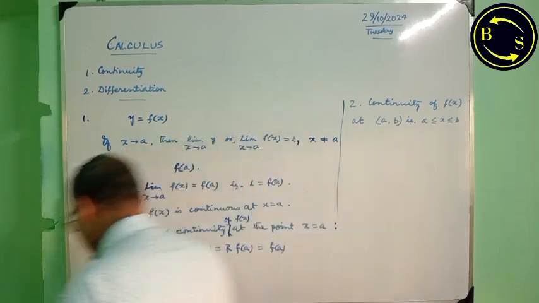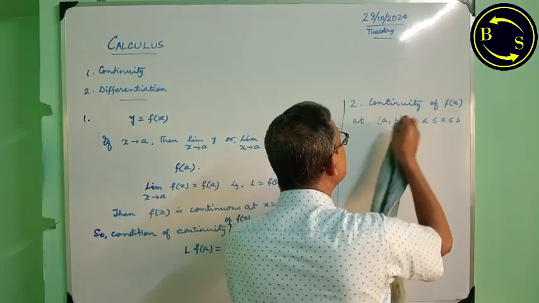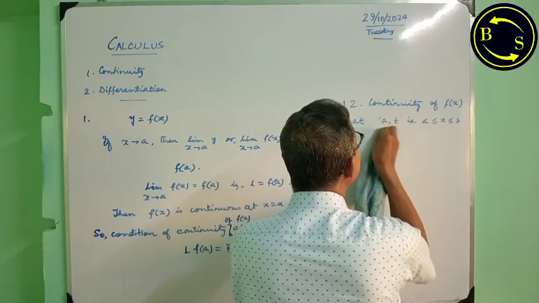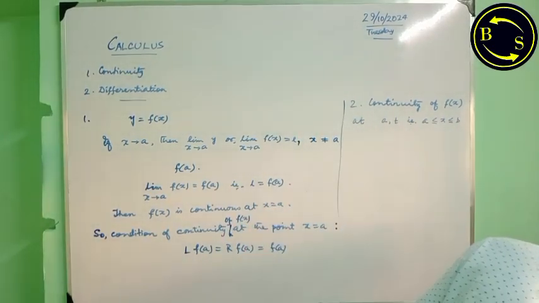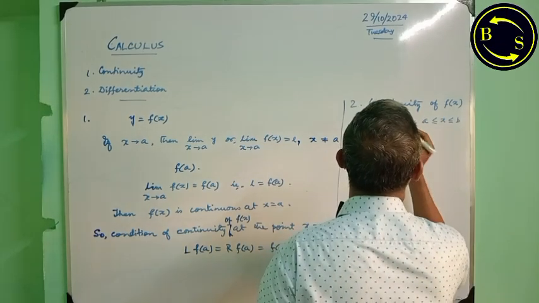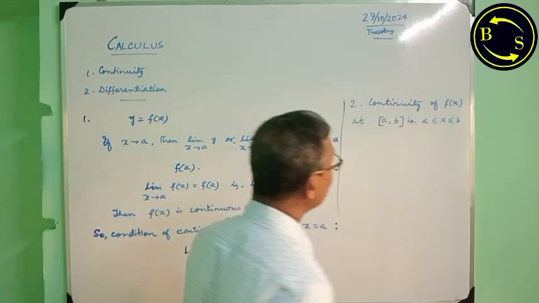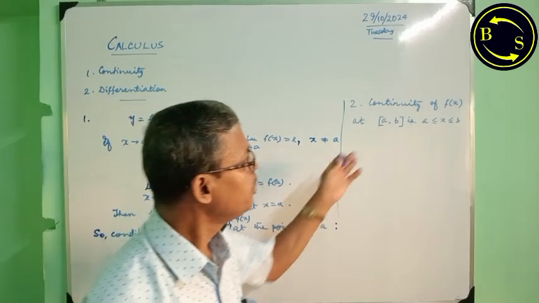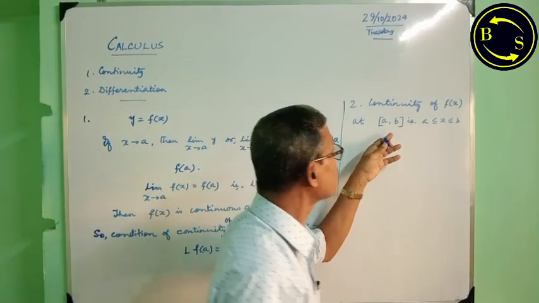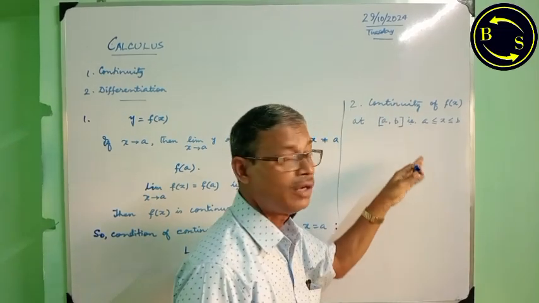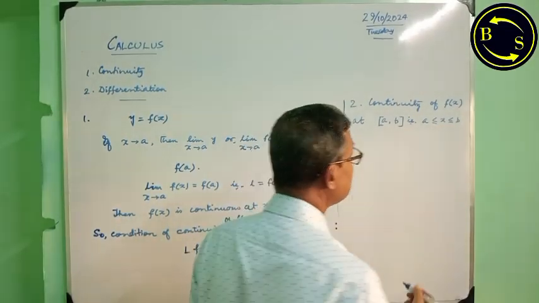I take the closed interval. Continuity of the function f(x) at or in the closed interval AB. We can express that in inequality form, a less than equal to x less than equal to b.